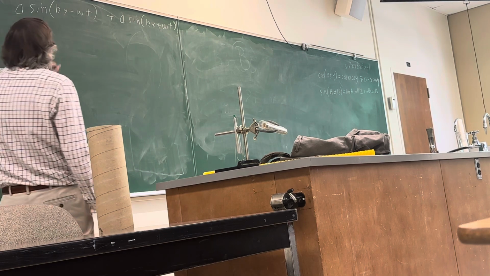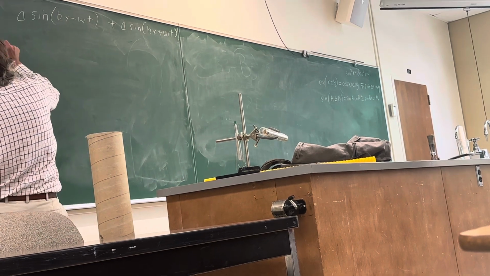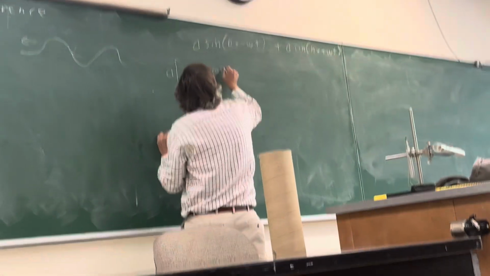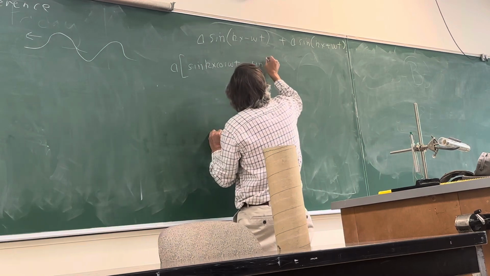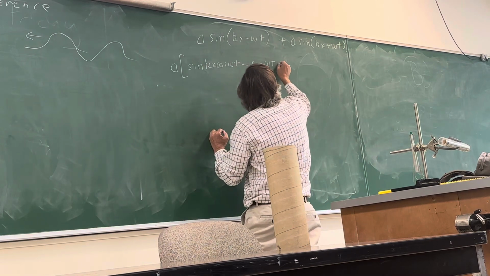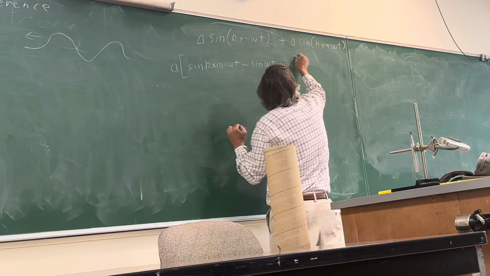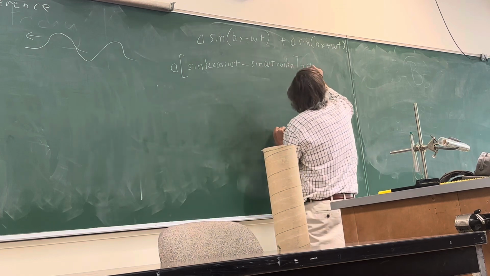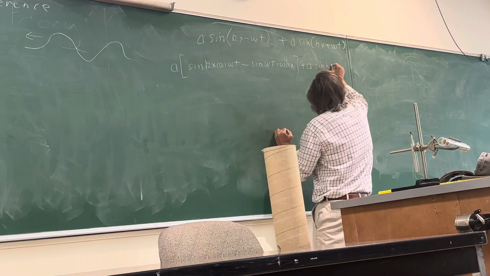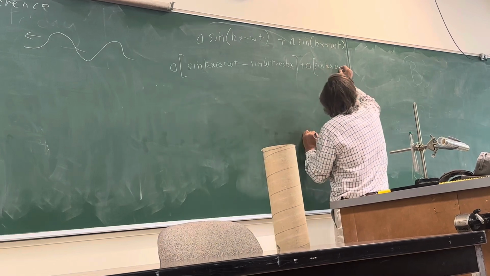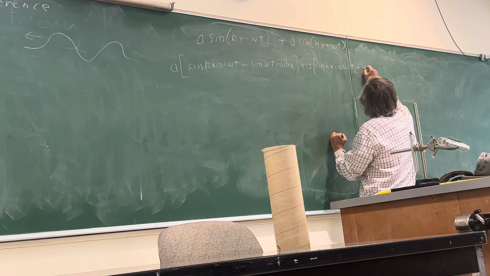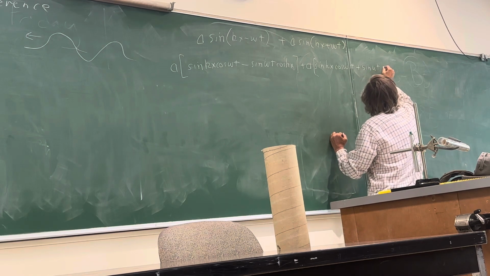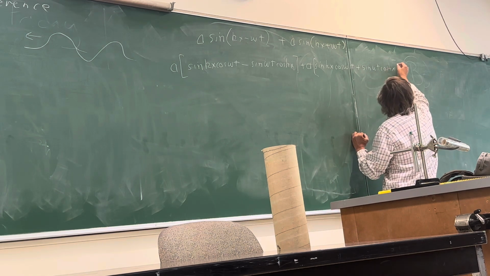So when I add these two, I get A times the sine of kx cosine of omega t minus the sine of omega t cosine of kx, plus A times the sine of kx cosine of omega t plus the sine of omega t times cosine of kx.